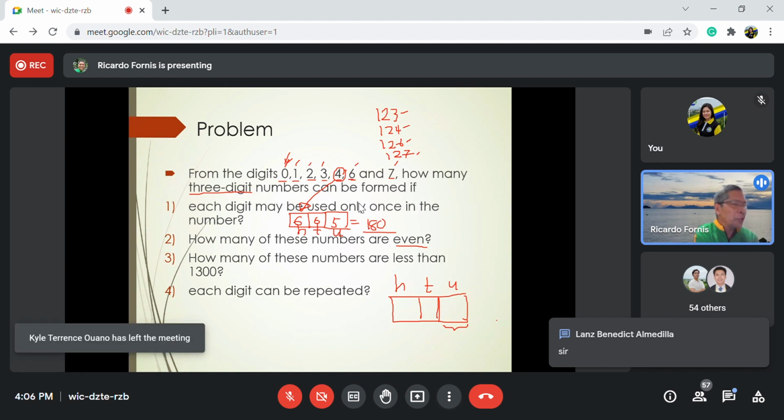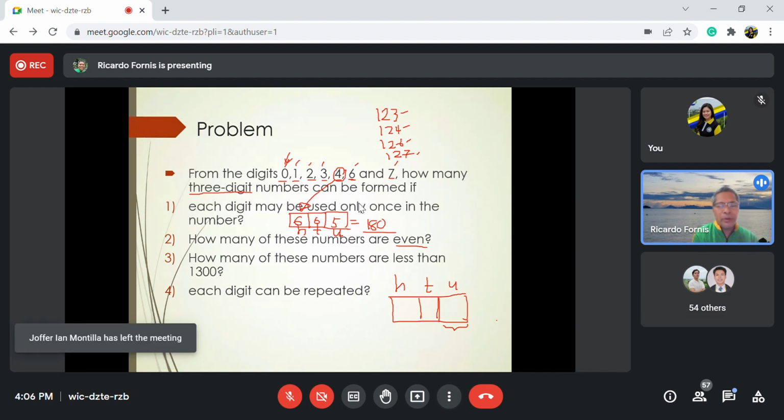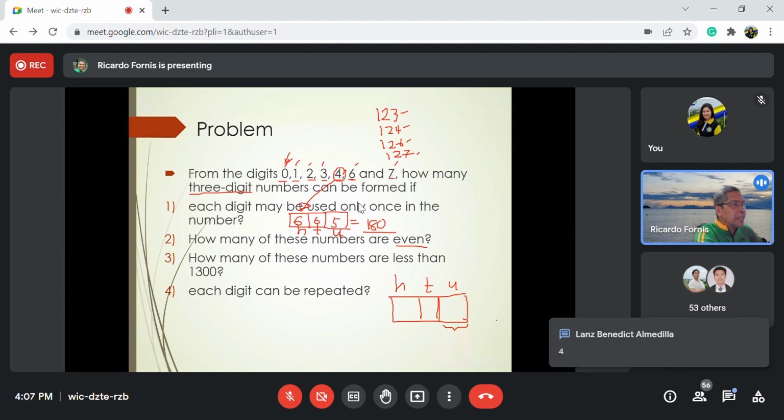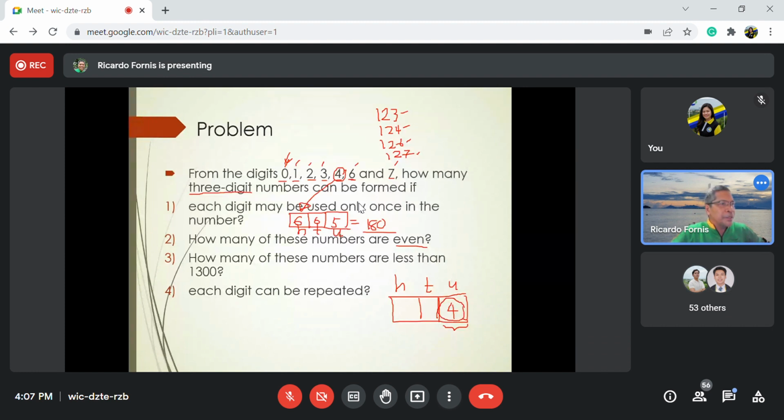Did you get the question, Lance? How many ways can we assign a number as the units digit if we are interested in forming an even number? Laura saw it, and Lance said 4. Okay, assuming 4, and others probably would also say there are 4 possibilities.